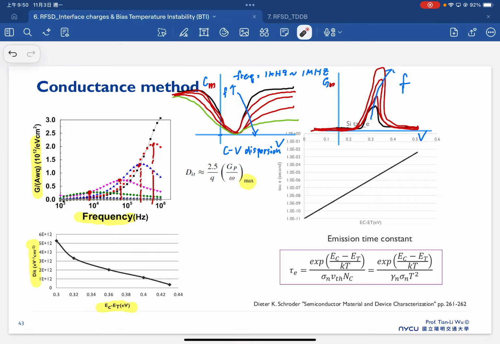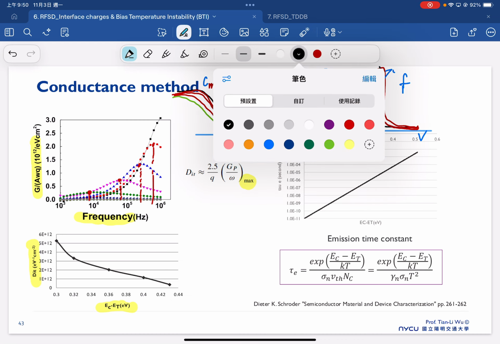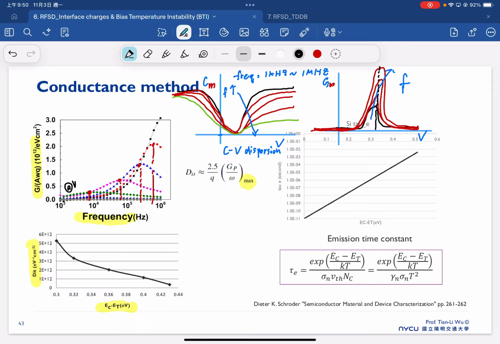So now we can take one fixed voltage. For example, this could be the one at this voltage, probably like 1 volt. This is VG 1.5 volt. This is VG 2 volt.